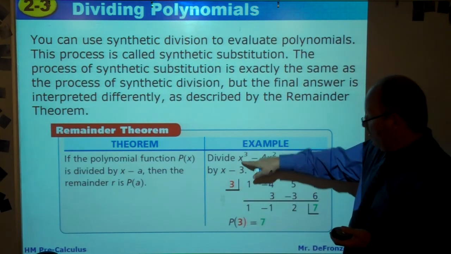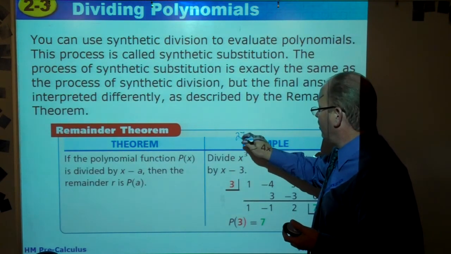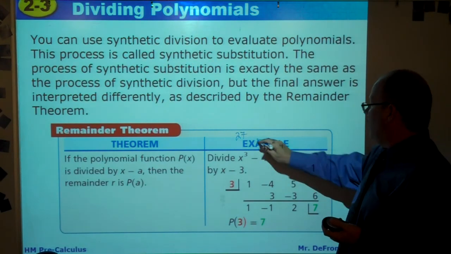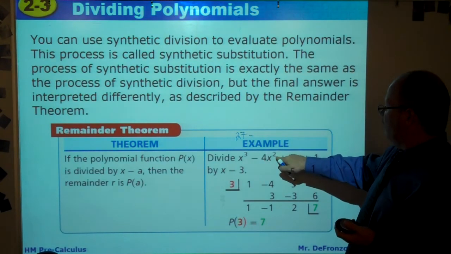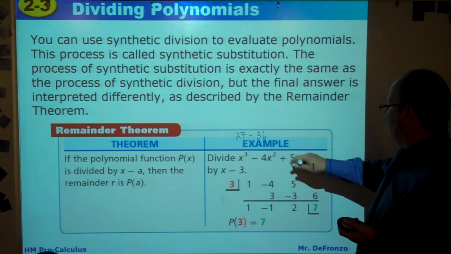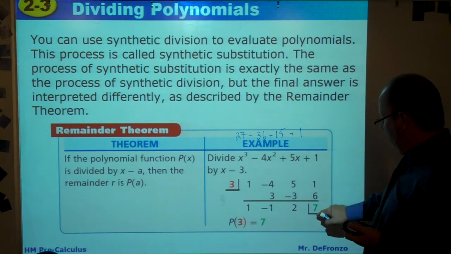So we could do this if you wanted to. 3 to the third is 27 minus 4 times 3 squared. 3 squared is 9, 4 times 9 is 36, plus 5 times 3, 15, plus 1. And we'll see, we'll get 7 out.